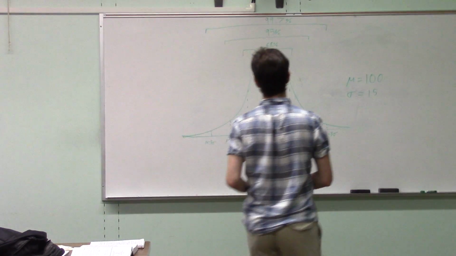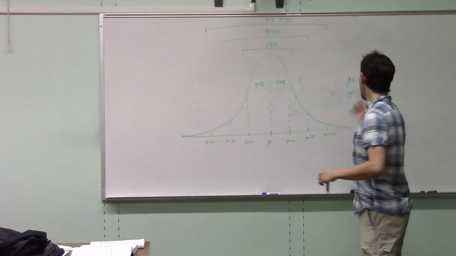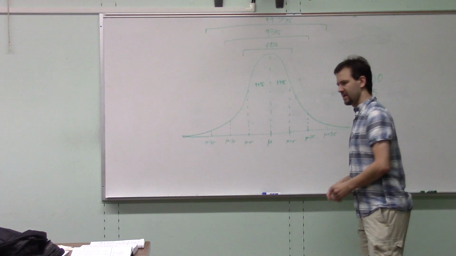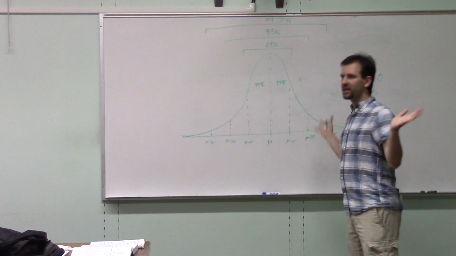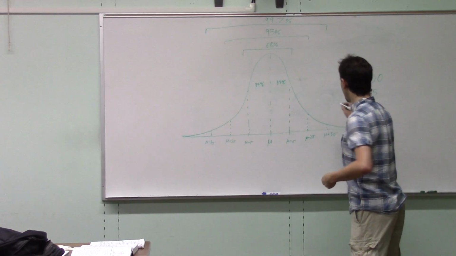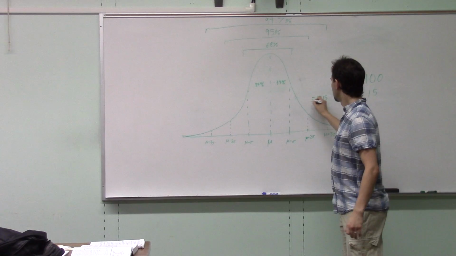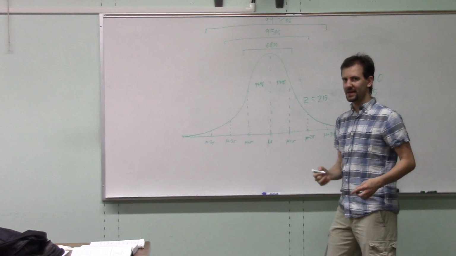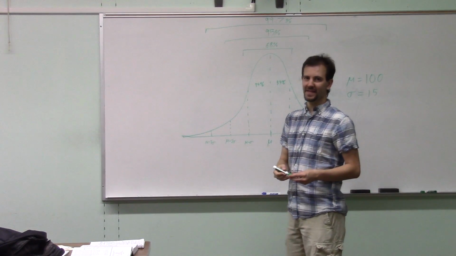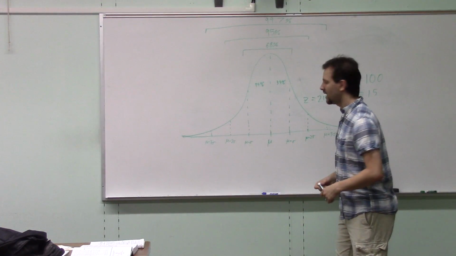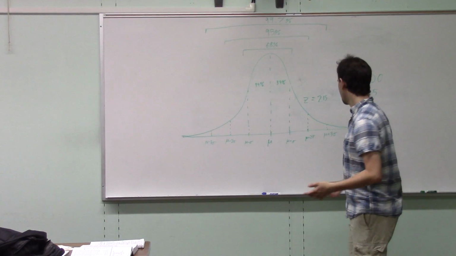So for example, I could say the average IQ is 100 and the standard deviation is 15. Jill got a z-score of 2.15. She said, I'm 2.15 standard deviations smarter than the average person. Okay, what did she score on her IQ test?